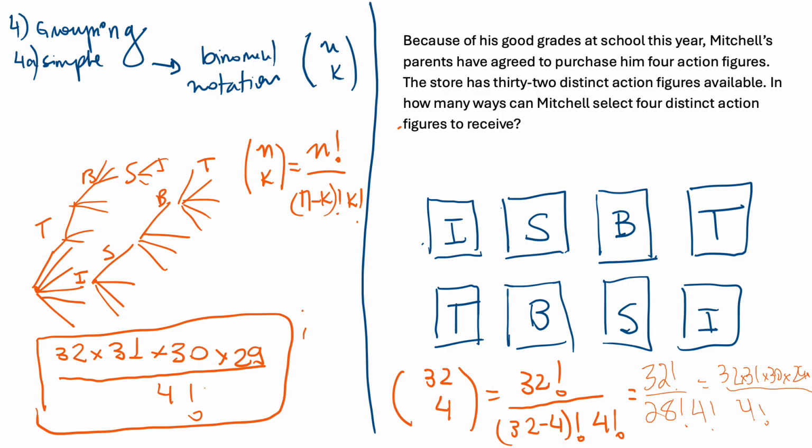But I want to truncate at 29, so I have to get rid of that factorial. So this will cut this, and we are left with the very same result that we got before. Okay? Good? Questions about grouping? This is the time to ask.